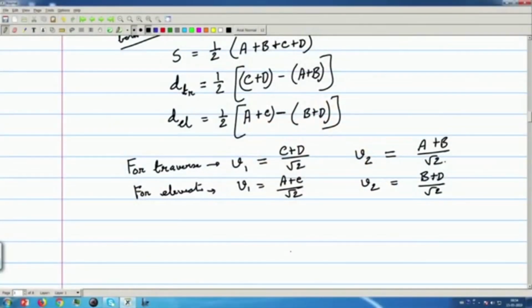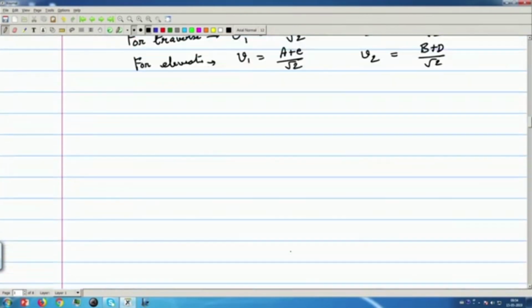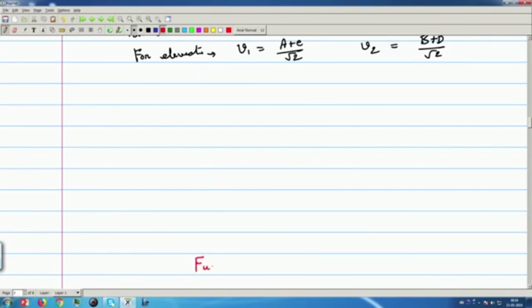Now, we will see the implementation of that, and so we will first see the block diagram of the monopulse system. It is called the functional block diagram of monopulse radar.